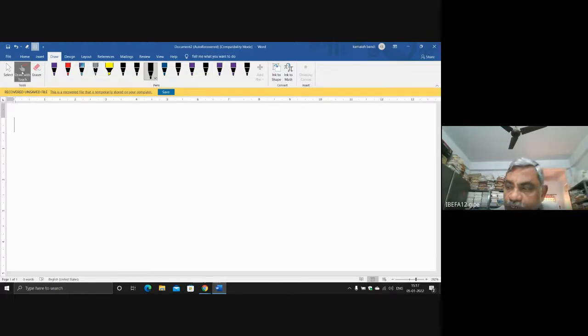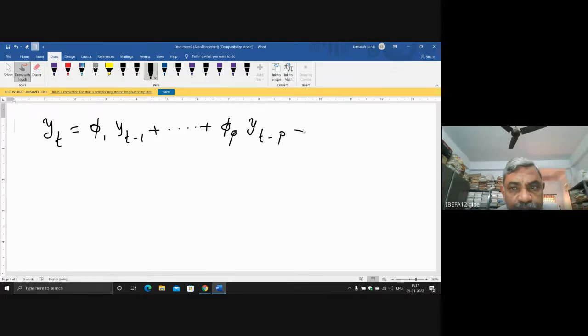So let the process be given by yt equals p1 yt minus 1 plus dot dot dot plus pp yt minus p plus epsilon. Can you recognize this part?